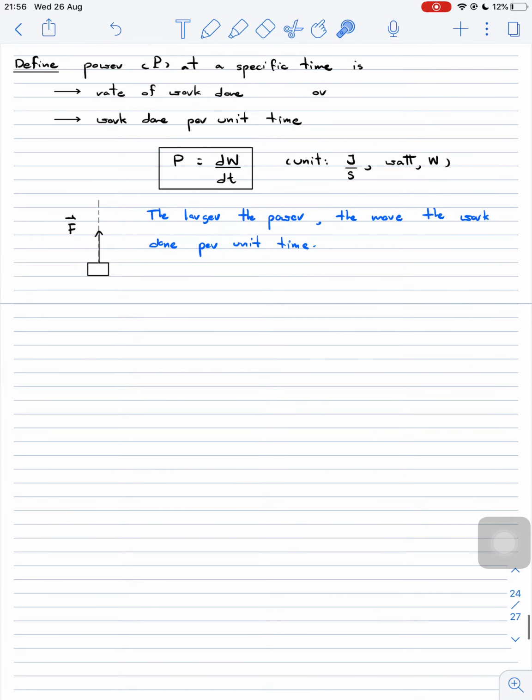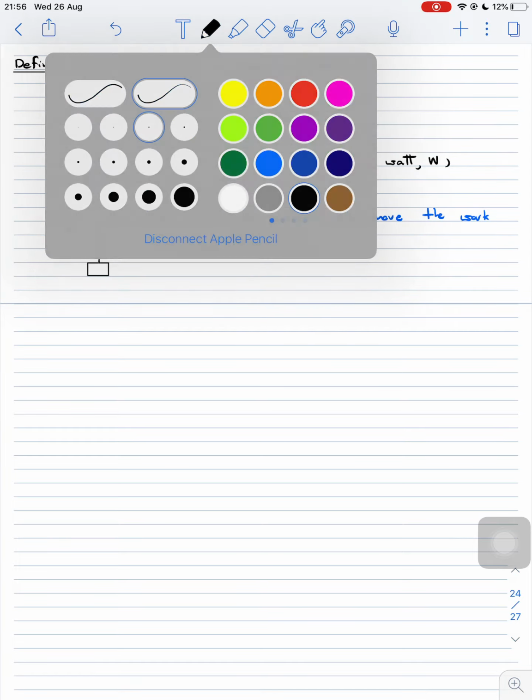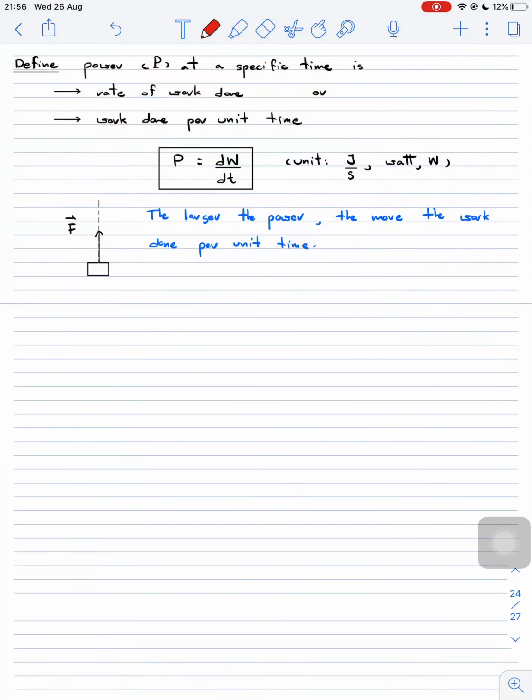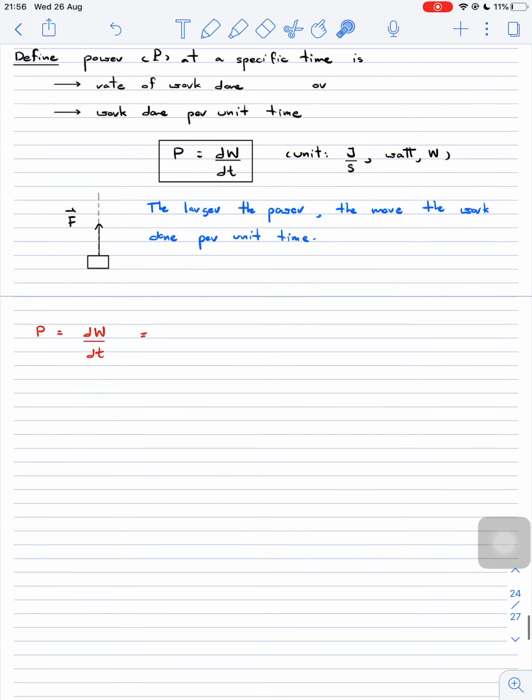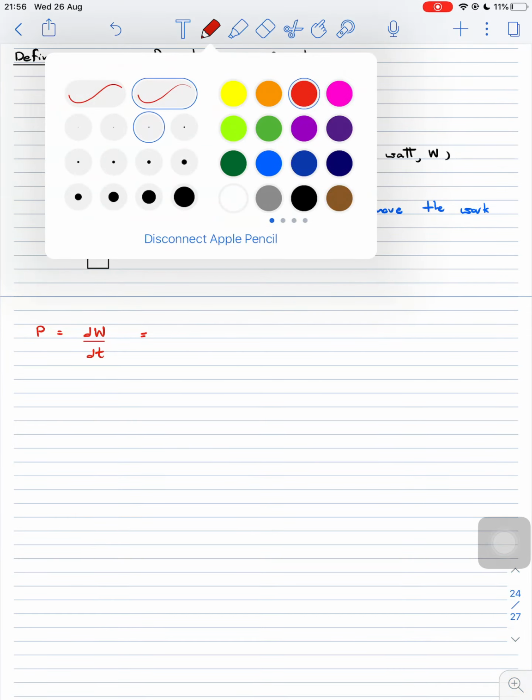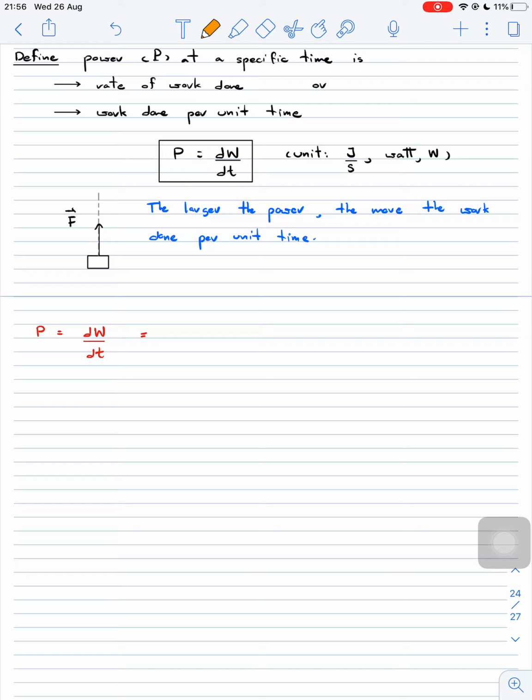Okay, so now let's come back to this equation. We said that the power equal to dW by dt.